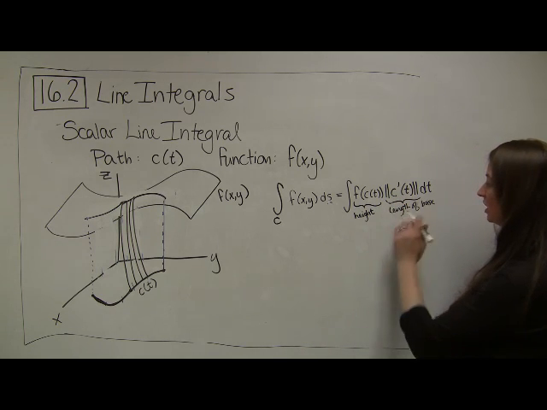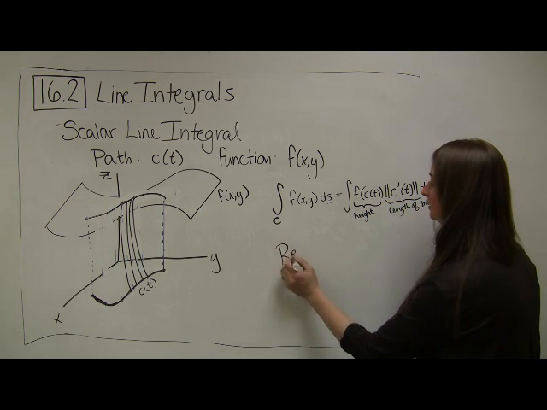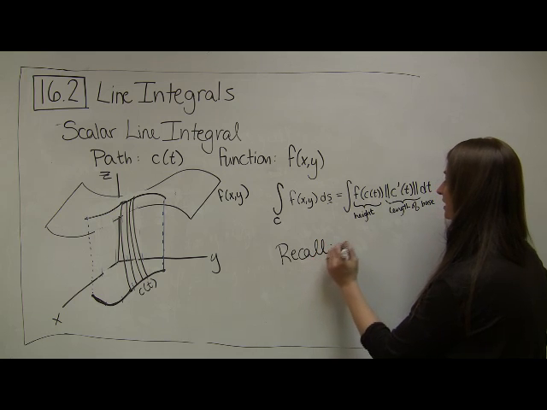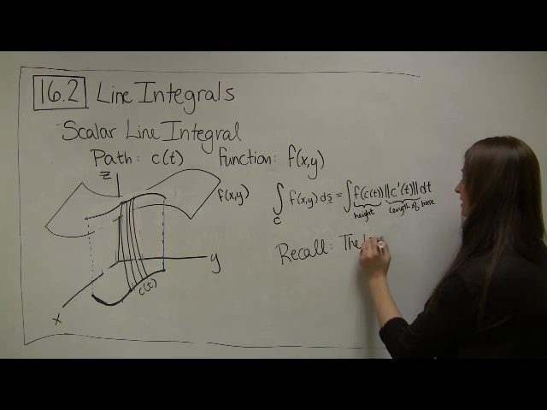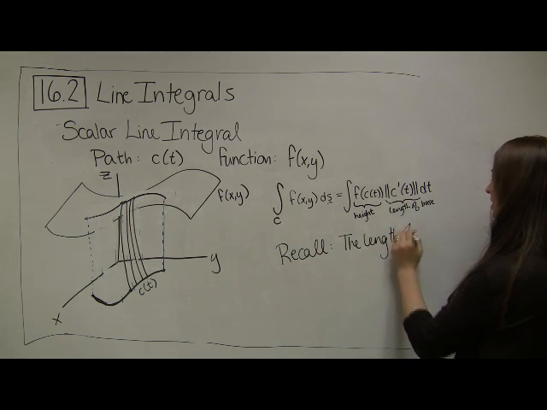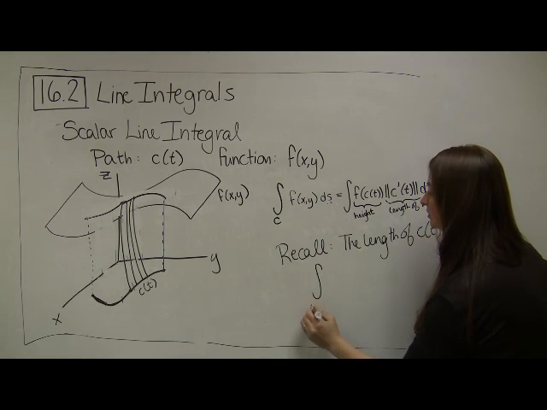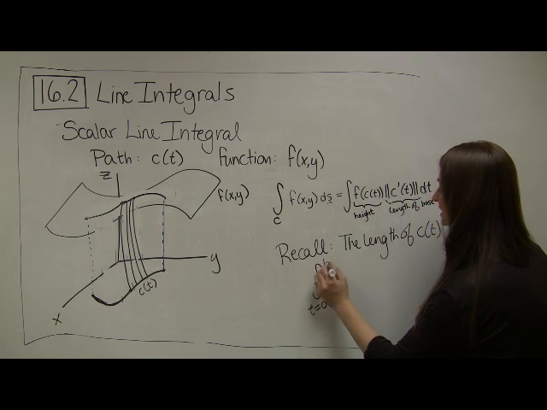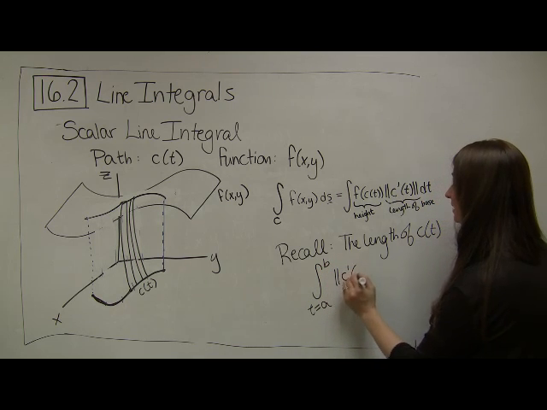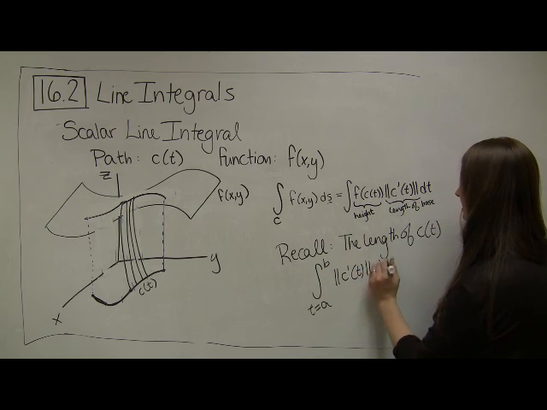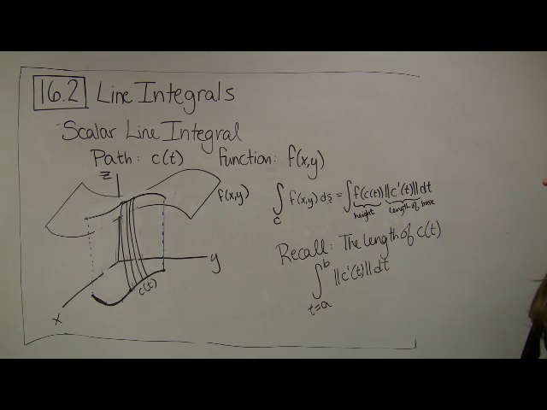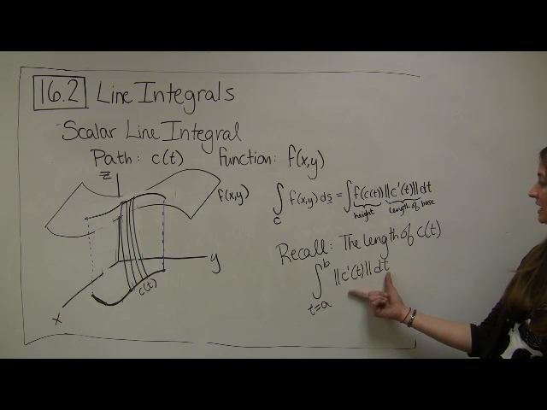Another thing to recall, and I'll write this down: the length of my path c of t is given by the integral as t goes from a to b of the magnitude of c prime of t dt. If there's one formula that you remember from chapter 13, this is the one.